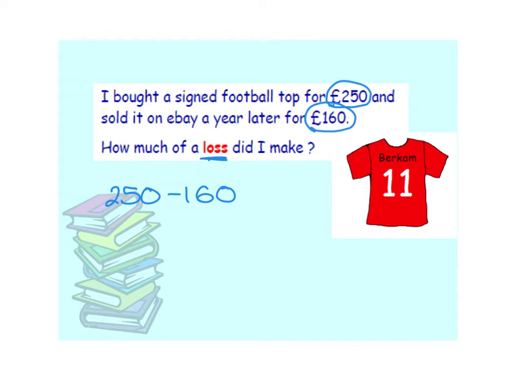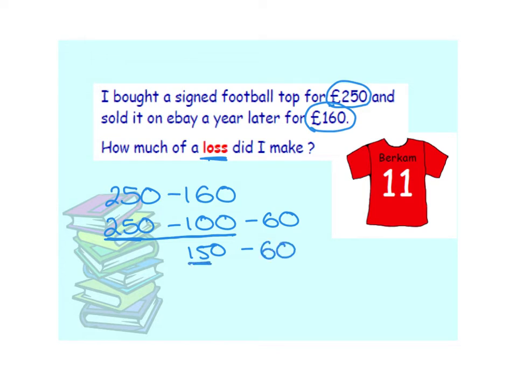I'm going to take off 100 and then take off 60. 250 take away 100 is 150, and I still have to take off 60. 15 take away 6 makes 9, so 150 take away 60 gives us 90, so it's a £90 loss. Ouch.